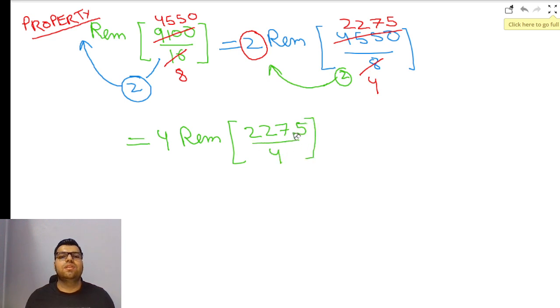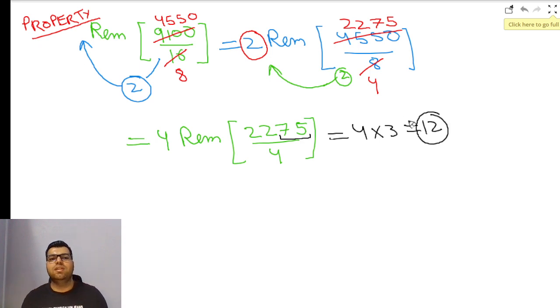This makes our question very easy. Why? Because for remainder of 2275 by 4, you know the divisibility rule: for 4, you just have to check the last 2 digits. So remainder of 75 by 4, this is actually 72 plus 3, so 3. So the answer is simply 4 into 3, 12. Instead of doing all that long division of 9100 by 16, you can find the remainder like this.